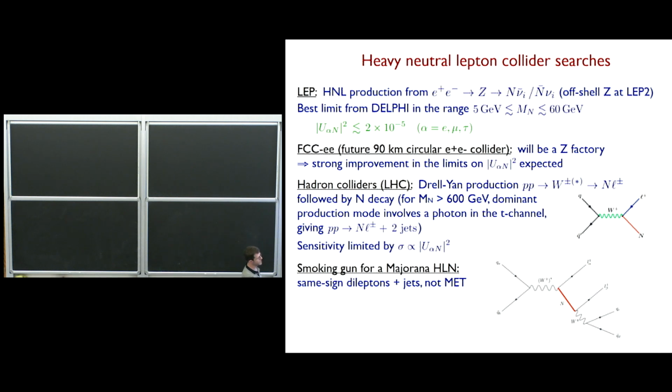So again, it's Drell-Yan production of a charged lepton and the neutrino, and then the neutrino, because of its Majorana nature, can decay into a charged lepton of the same sign as this one. So it's e+ e+ or mu- mu-, for instance. And then the W decays to jets, to have same-sign dileptons.